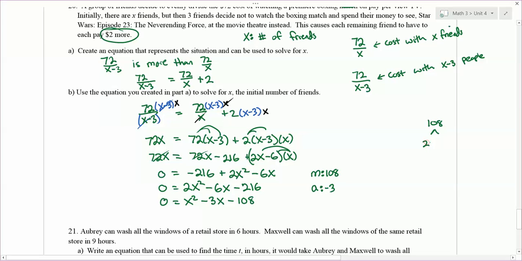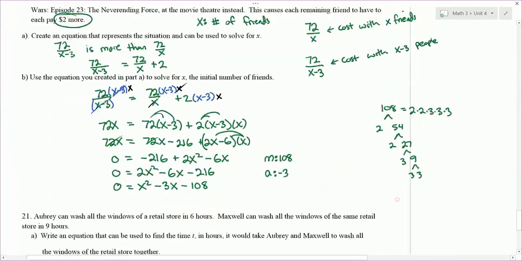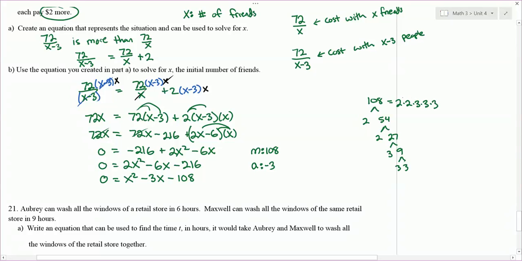So 2 times 54. 54 is even, so 2 times 27. 27 is 3 times 9. 9 is 3 times 3. So 108 is 2 times 2 times 3 times 3 times 3. That's the prime factorization, and we're trying to figure out, well, what two numbers could we multiply together to get 108?